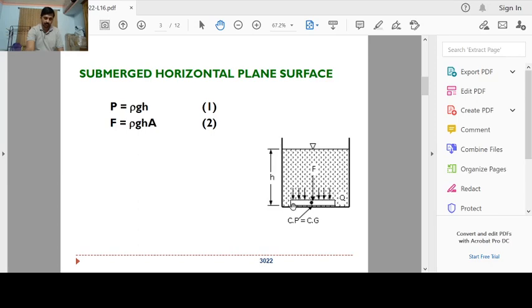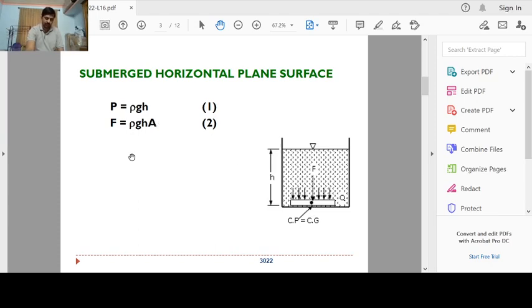Because we are considering how much force is acting on this particular area of this horizontal surface, and since it is a very thin horizontal surface, the pressure at the center of this thickness, or on the top or bottom, will be the same.